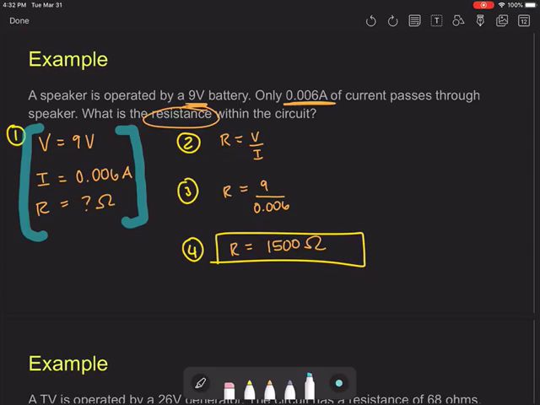But by going through step 1, we know we have V, our voltage, we know we have I, our current, and we know we want to find our resistance, R. We look at all of our equations and say, which equation involves V, I, and R? And from there we go, it's this equation. Right? So by writing it out at the beginning, it helps us determine what we should be using and when. Okay? Then we're plugging in our values in step 3, and our final answer needs to have our units, right? And resistance is measured in ohms, so we need to include that.